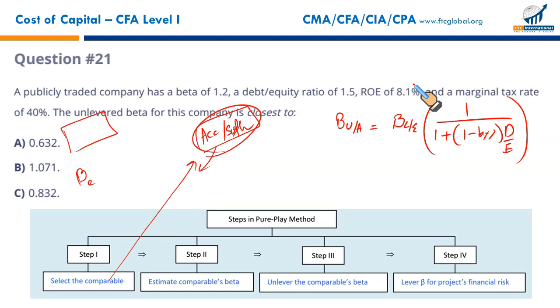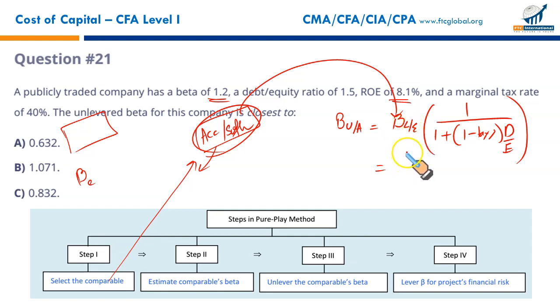So a publicly traded company has a beta of 1.2, debt to equity ratio of 1.5, return on equity 8.1, marginal tax rate 40. We need to calculate unlevered beta. Consider this is the beta for the software development company, levered beta. We'll have to convert it into an unlevered one and then use it for your own specific project for which you want to calculate the cost of capital.